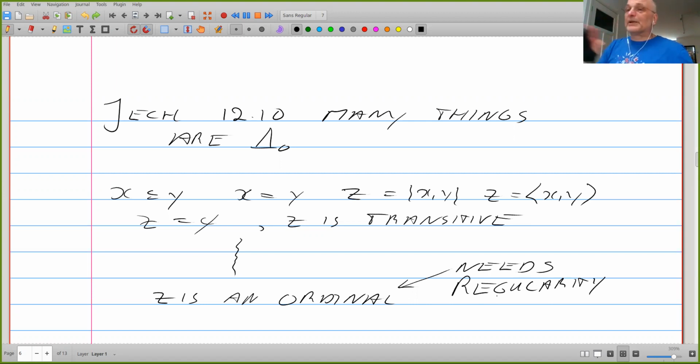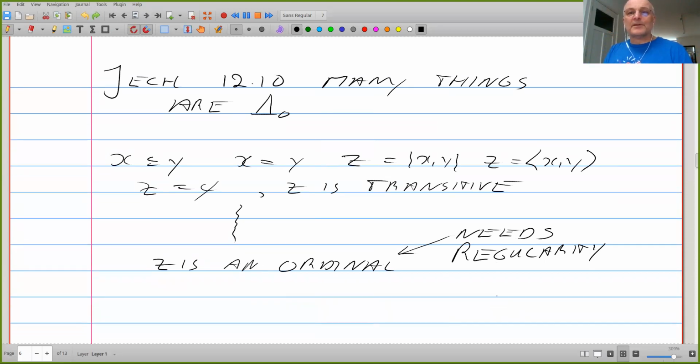You can write down an equivalent definition of Z is an ordinal if you assume the axiom of foundation, the axiom of regularity. And I'm not going to give anything else away because I want you to think about it yourself, to see what you need to do to get rid of a potential unbounded quantifier in the definition of an ordinal. Like I said, I really want you to think about it yourself.